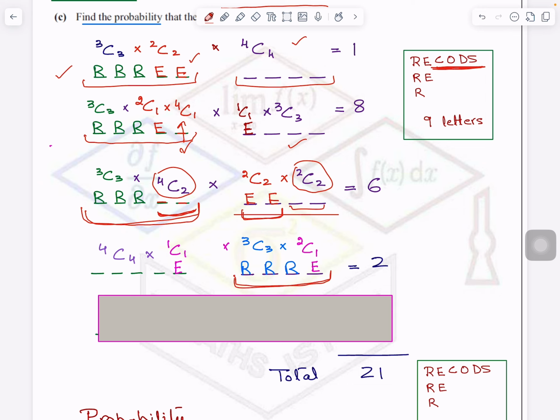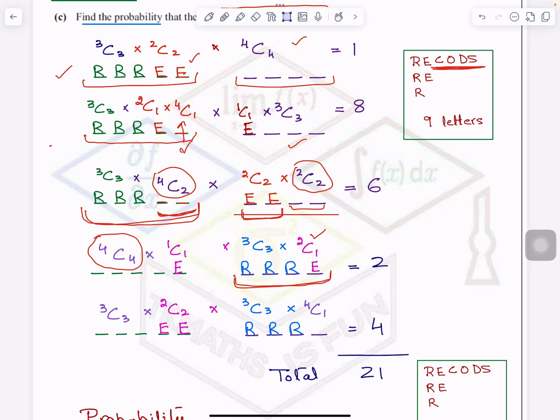Agreed? So exactly following the same procedure, first fill 2C1 and the remaining 4 letters will come here. And then the last possibility, when E's are in the group without R. You can see that. So again I am fitting 4C1 here and 3C3 here. Then you will add up all the results and it will be 21.